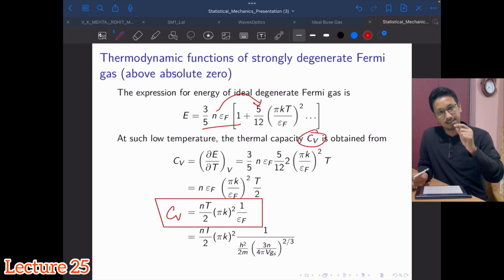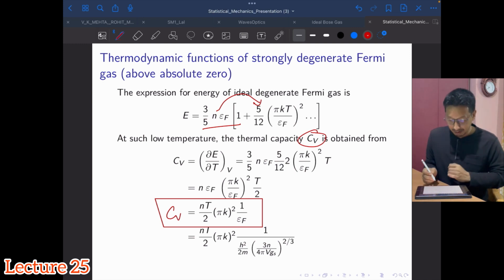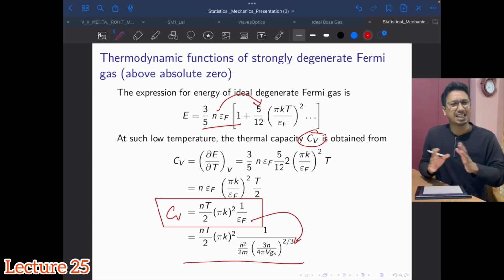Okay, so this is your CV in terms of Fermi energy, for the Fermi gas above absolute zero temperature, and if you substitute for the expression of Fermi energy, then you will end up getting this. You just keep substituting one expression in the other.